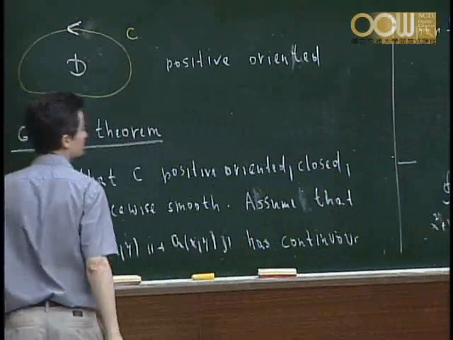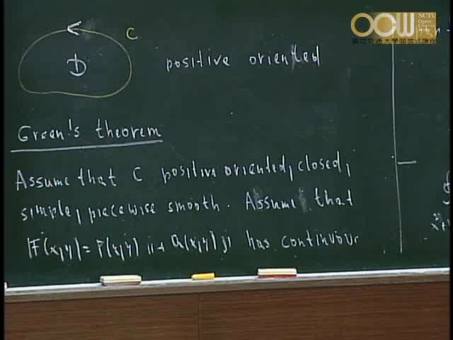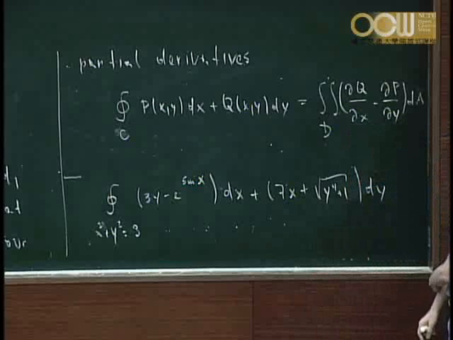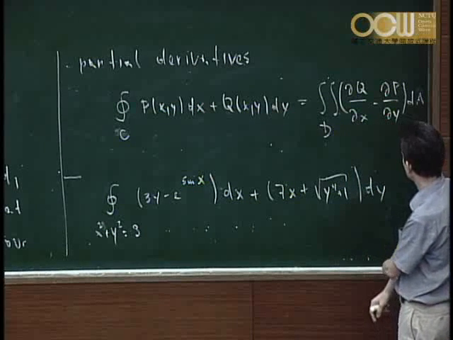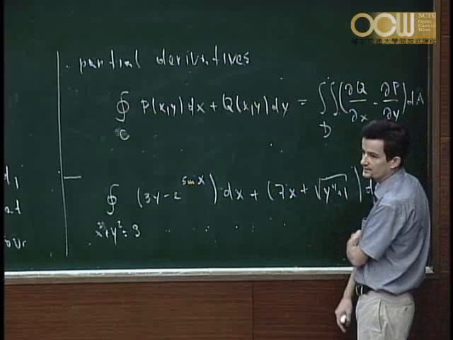I guess you have certainly seen this in physics, and you also know how to apply it. Obviously it has some advantages if you want to compute this complicated line integral, because you have to take the partial derivative of Q with respect to X, and this complicated part will disappear.